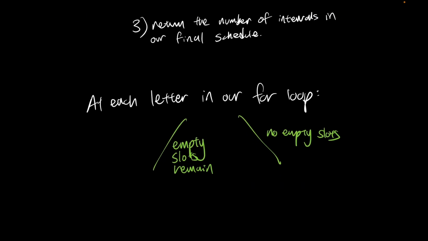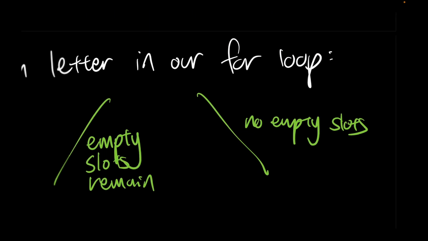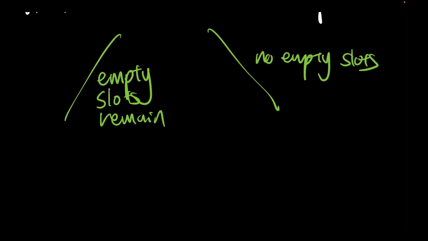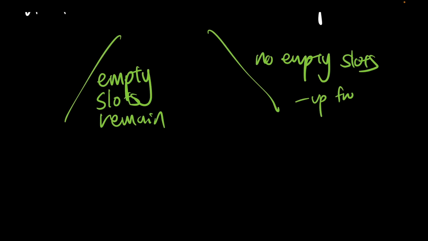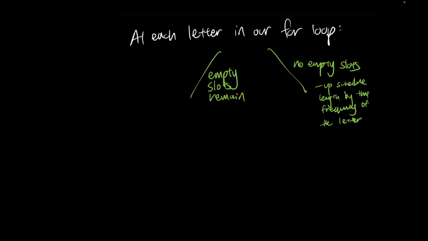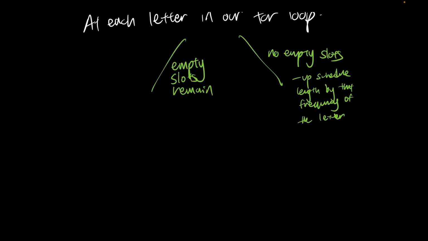So that's what happens when we have no empty slots. We just add in those letters and we increase the size of the schedule by exactly the frequency of that letter. So that was our fifth example.